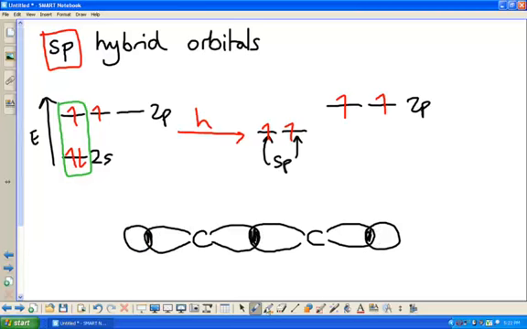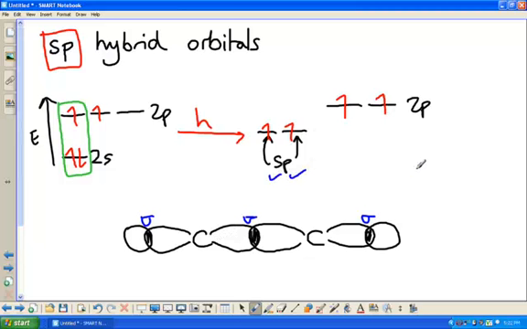Now before we go any further, what sort of bonds are these again? Remember, these are end-to-end overlap of orbitals. These are sigma bonds, so-called single bonds. But each carbon wants to make 4 bonds. And we've used the sp hybrid orbitals here, so we've got to use these 2 as well.